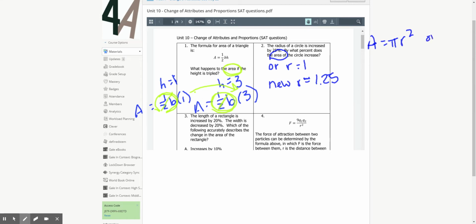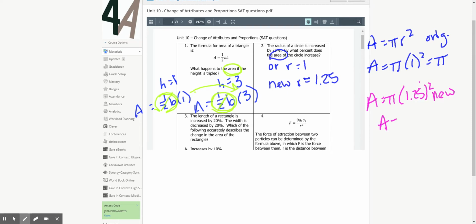So in my original, that r was 1, so A equals pi times 1 squared, or just pi. And then in the new one, A equals pi times 1.25 squared, or A equals, kind of cheating, 1.25 times 1.25 is 1.56 pi.